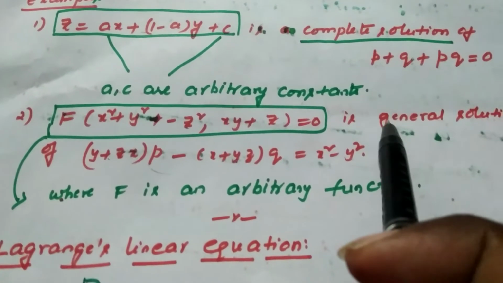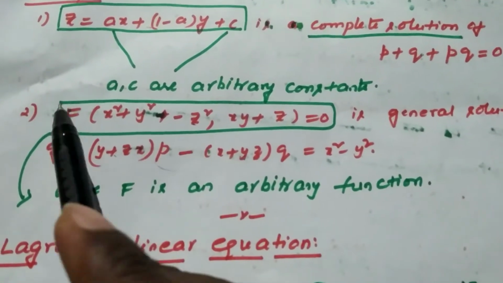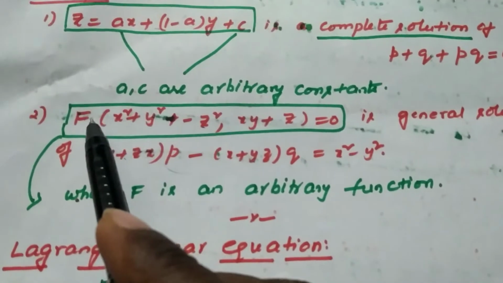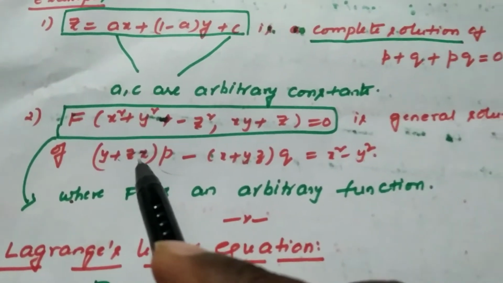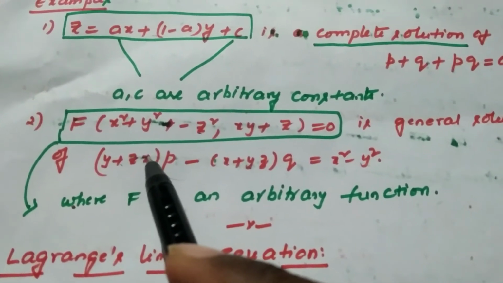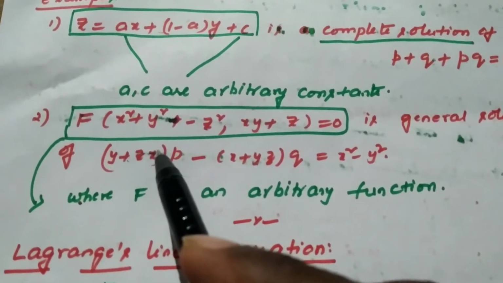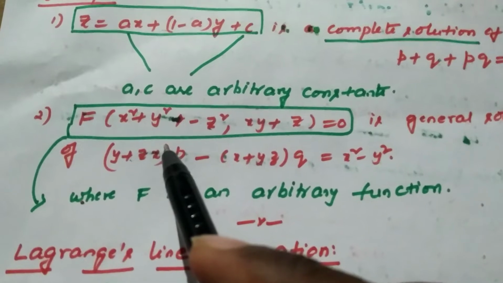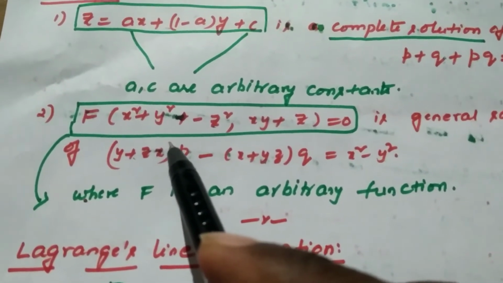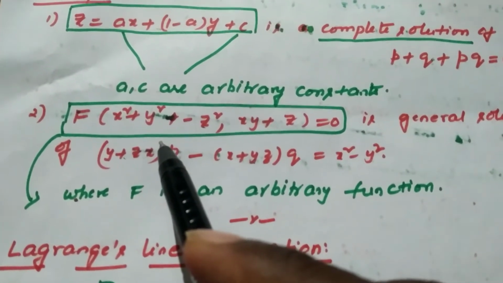Why? Because in its solution it contains the arbitrary function f, hence it is called the general solution. So if the solution of the PDE contains arbitrary constants, then the solution is called the complete solution. If the solution of the PDE contains arbitrary function, then the solution is called general solution.